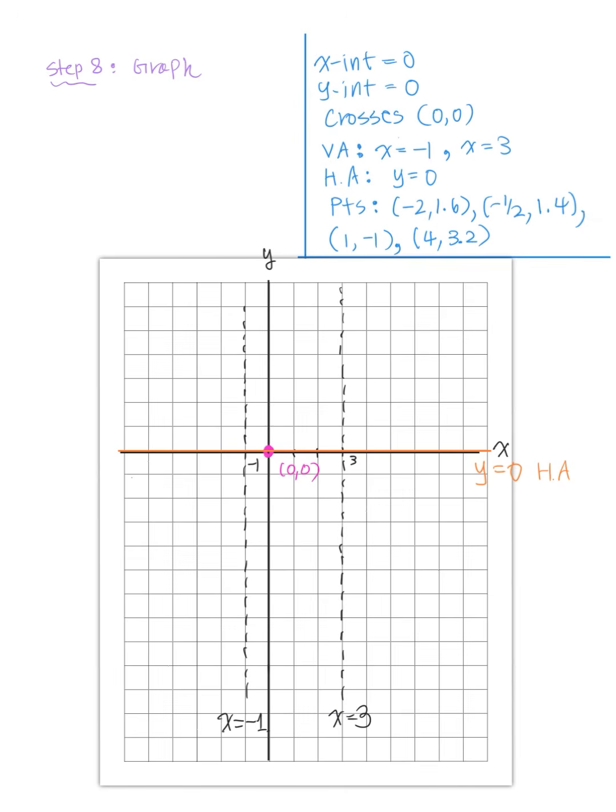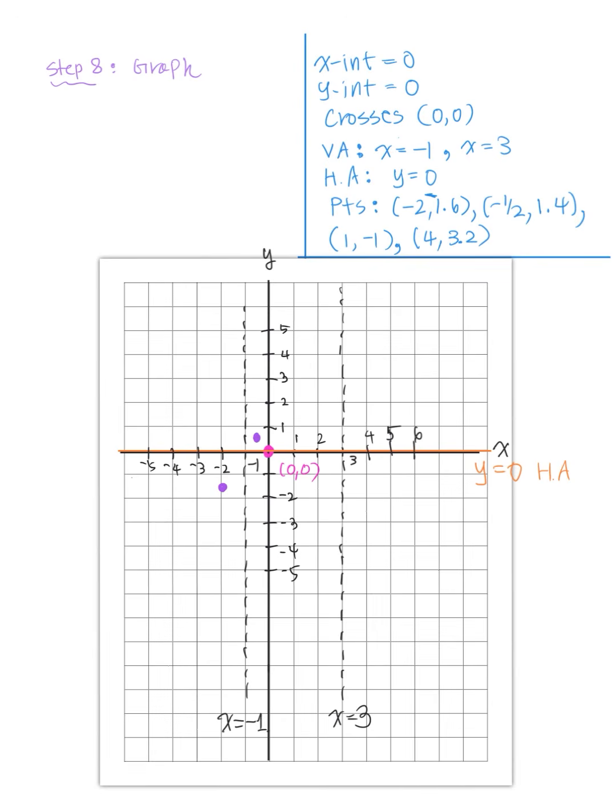Next, let's plot all the points, and this should have been -1.6. Sorry about that. So now let's plot. The first point is given by -2, -1.6. So I would assume it's around here somewhere. And the next point is -1/2, 1.4. So maybe here.